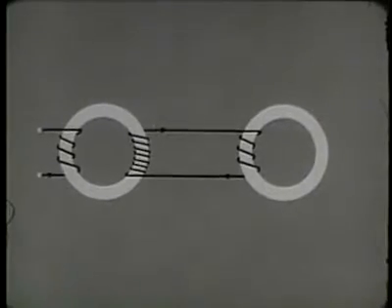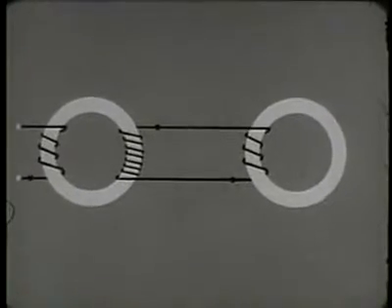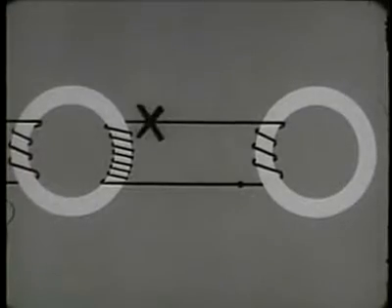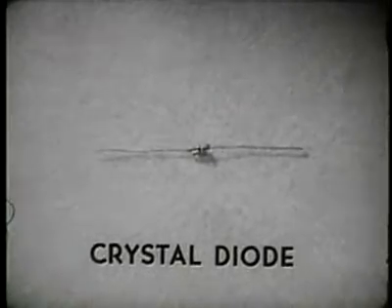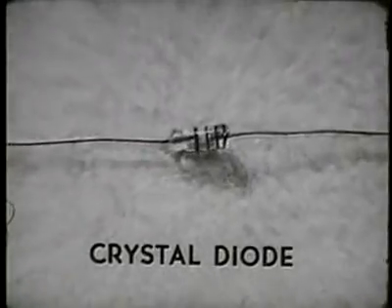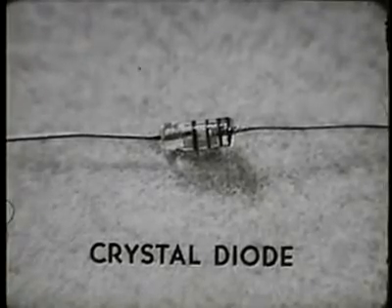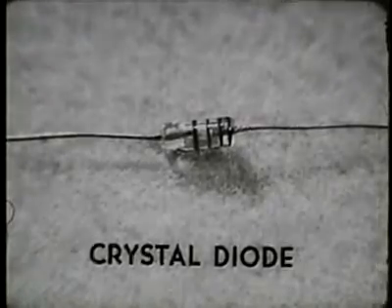If we are going to control the transfer of information from one core to another, we need something in the circuit that will block the flow of the current, and do it selectively. The device commonly used is a crystal diode, which has a high resistance to current flow in one direction, the back resistance, and practically no resistance at all in the forward direction.